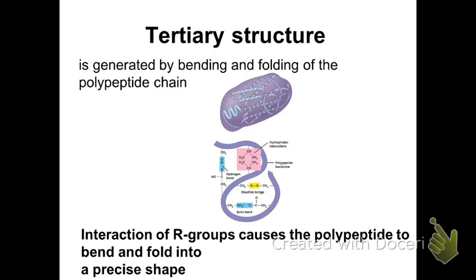Okay, so we go back to this slide here, and this slide is showing more or less some possible interactions between our groups. So we have hydrophobic interactions that you need to become aware of. We have disulfide bridges or disulfide bonds. We have ionic bonding that occurs, and we have hydrogen bonds.